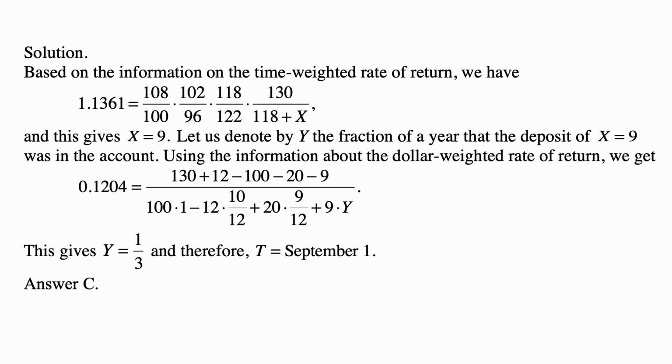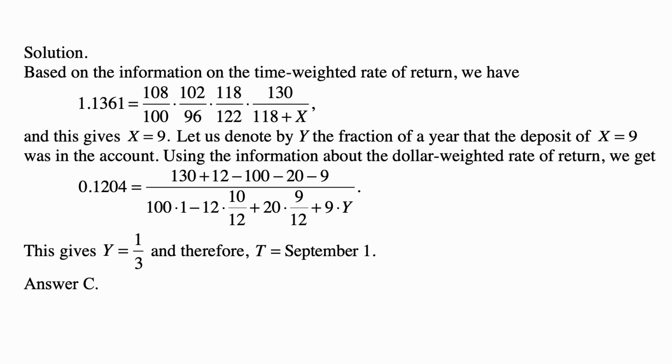And then in the fourth period, 118 plus X goes to 130. So we calculate these accumulation factors over those 4 periods, and we multiply them out, and the product has to be equal to the accumulation factor over the whole year. And this is an equation in which only X is unknown. We calculate X, and it's 9.